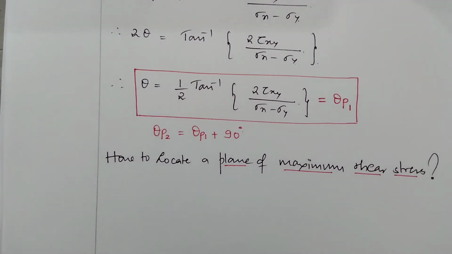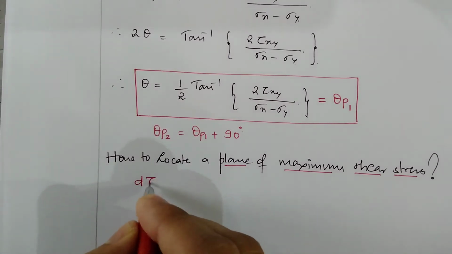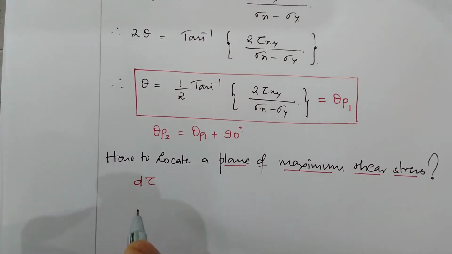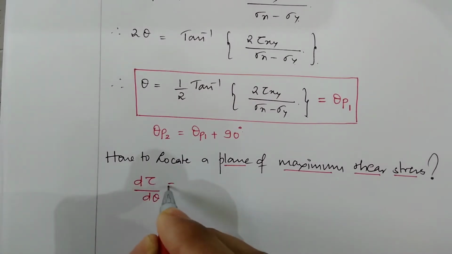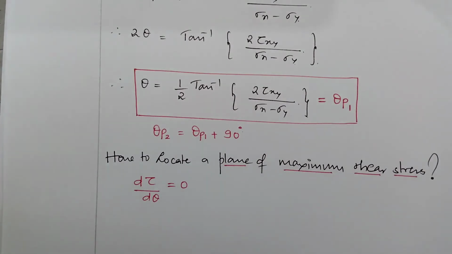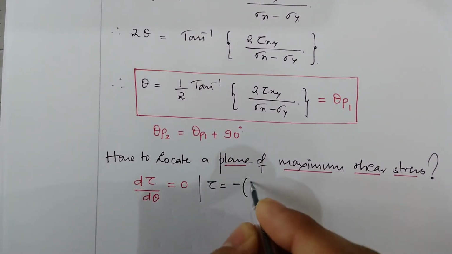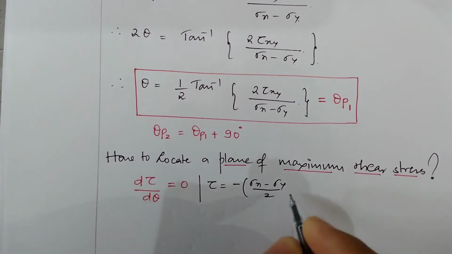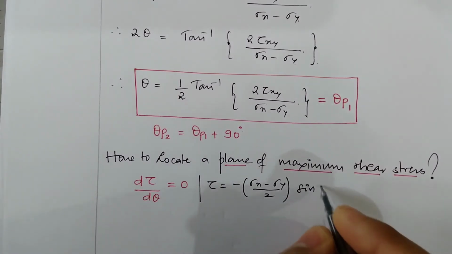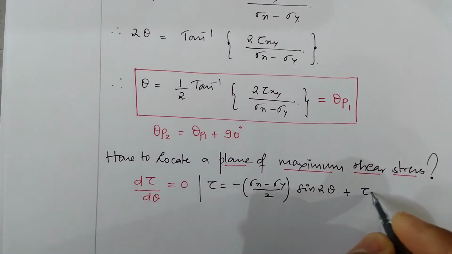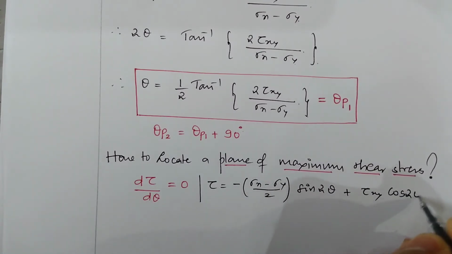That is, in the shear stress equation which I considered at the starting of the class, I will put d tau divided by d theta is equal to 0. I will differentiate that equation with respect to theta and equate it to 0. Which is that equation? Tau is equal to minus (sigma x minus sigma y) divided by 2 sine 2 theta plus tau xy cos 2 theta.